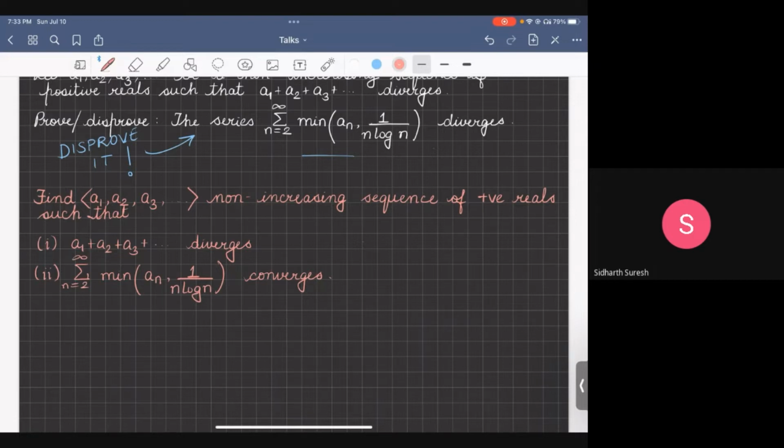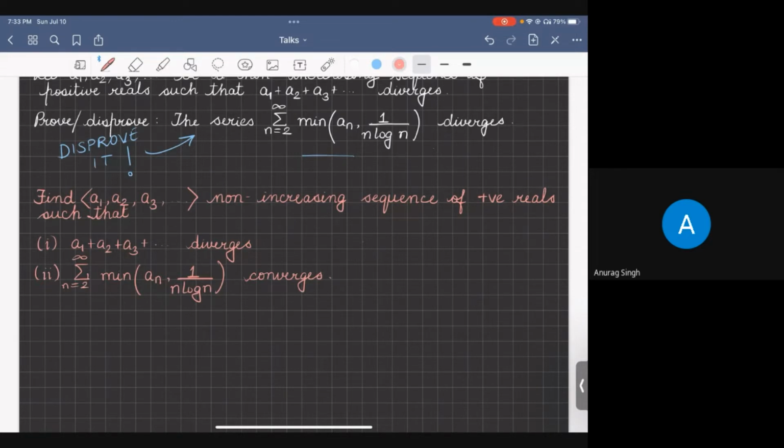Well, it's not exactly that way. The idea is to cancel the 1 by n log n and then get a convergent sequence from it. What do you mean by cancel 1/n log n?